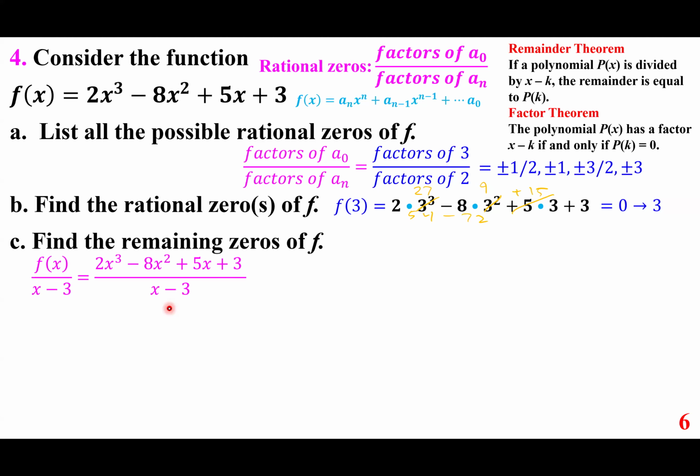So to do so, let's go with synthetic division, and this has to be in descending order. It is 2, minus 8, positive 5, 3, and no term is missing, and we're going to put 3 there.